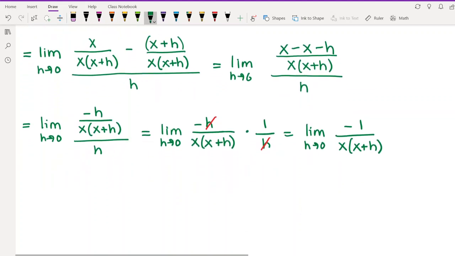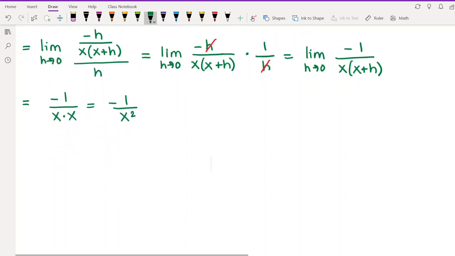Now we can actually plug in 0 for h, and we end up with negative 1 over x times x, because that becomes x plus 0, and so we're left with negative 1 over x squared.